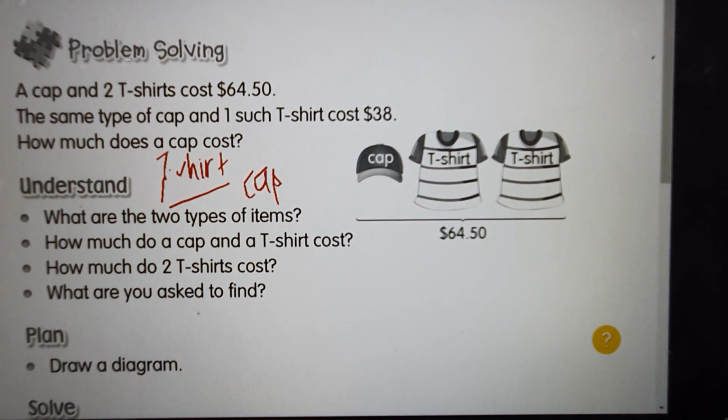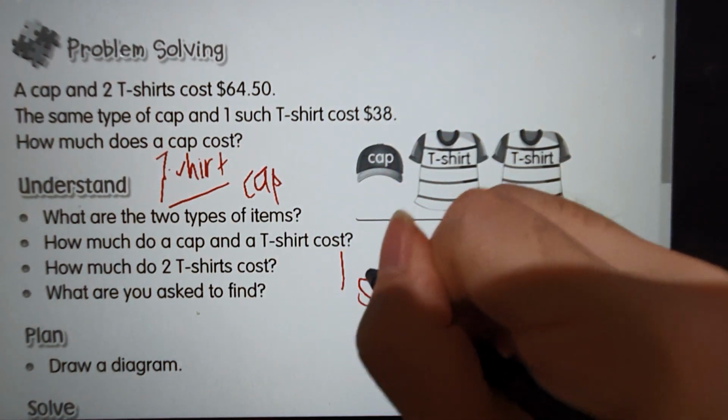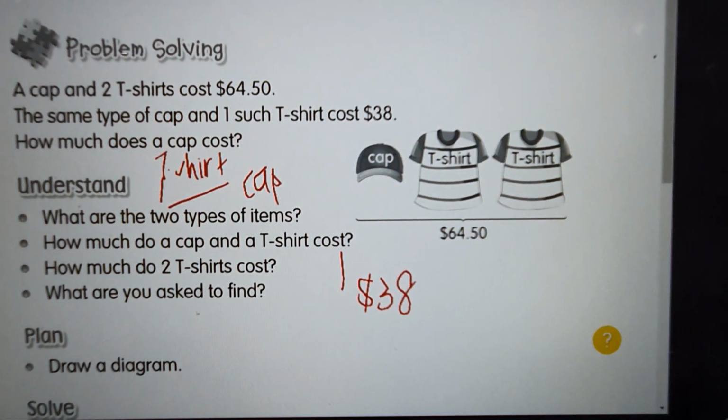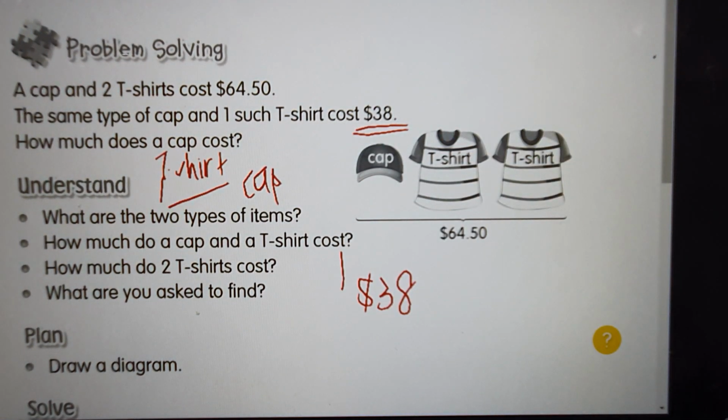So, how much does a cap and a t-shirt cost? A cap and a t-shirt will cost $38. The cost is already written here. How much do two t-shirts cost? Do you know the price of two t-shirts?